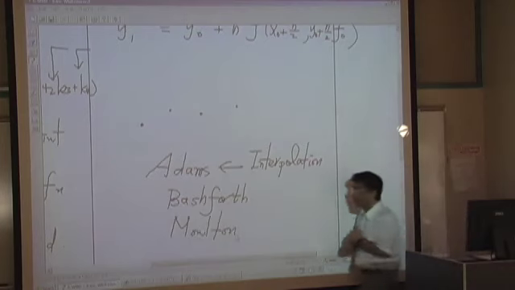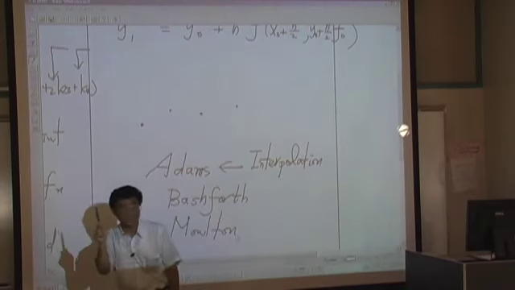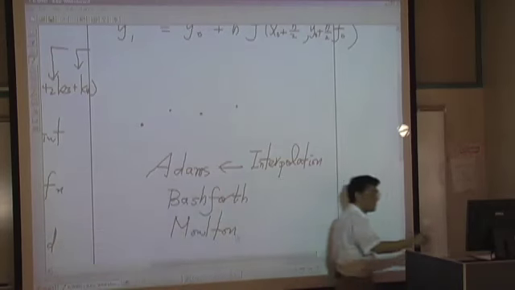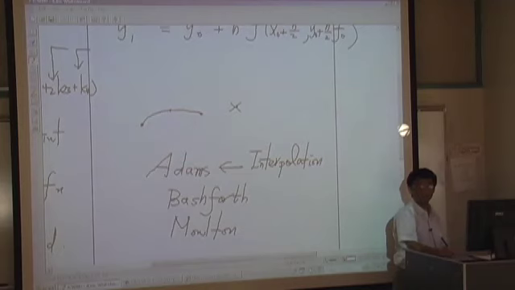Bashforth used Adams' idea in explicit calculation. In other words, to determine an unknown thing, Bashforth used previous things, meaning an explicit method.